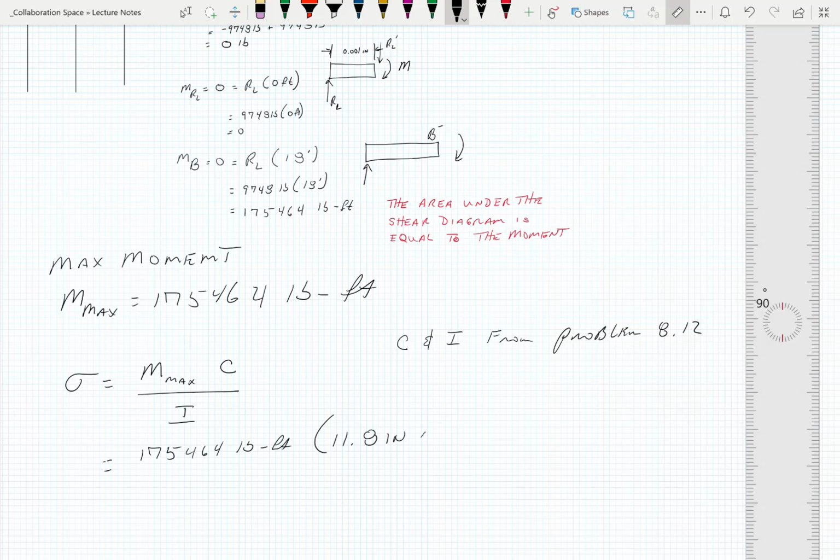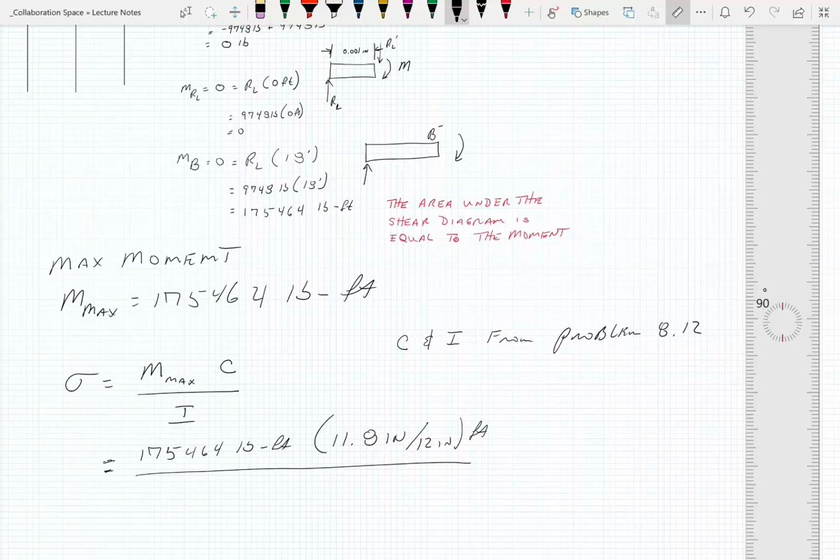Okay, so we got to multiply that times 12 to get it in feet. And our I for this was... no, not multiply it, divide it by 12. How am I thinking here? Divide by 12 inches gives us feet. Okay.